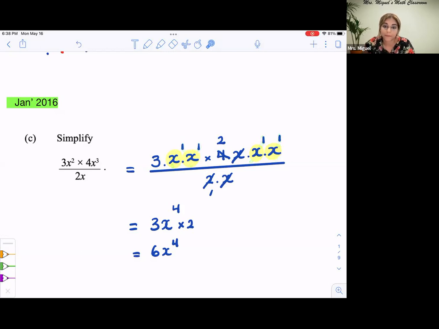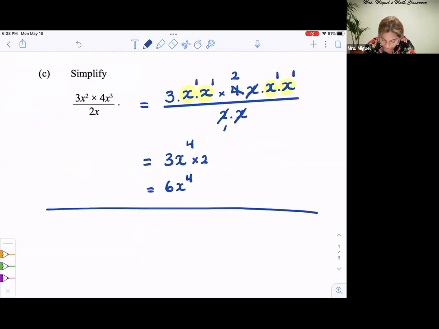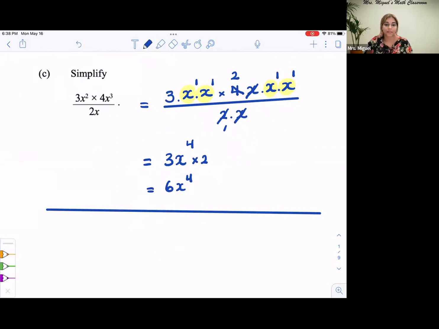Another way of working it out, let's say we don't want to do all that working, and let's say we want to work it out a little more simply. So we have 3x squared multiplied by 4x cubed. So 3 by 4 is 12. X to the power 2 and x to the power 3. So I add the powers because the base is the same. This will give me 12x to the power 5.